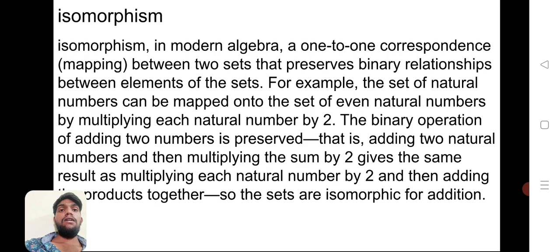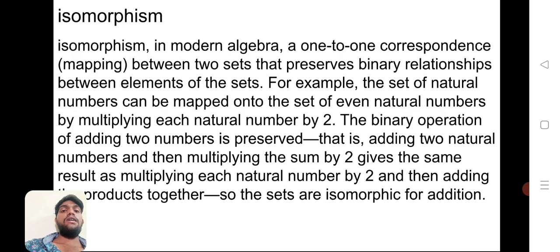Isomorphism. In modern algebra, an isomorphism is a one-to-one correspondence mapping between two sets that preserves a binary relationship between elements of the sets. For example, the set of natural numbers can be mapped onto the set of even natural numbers by multiplying each natural number by 2.